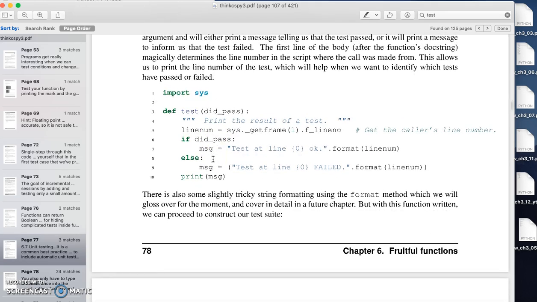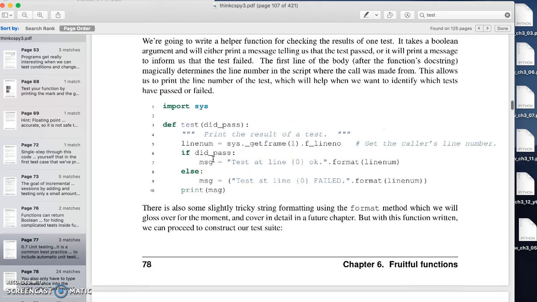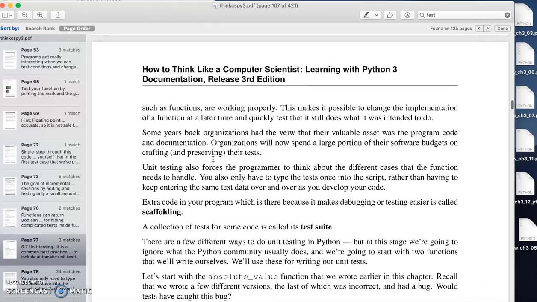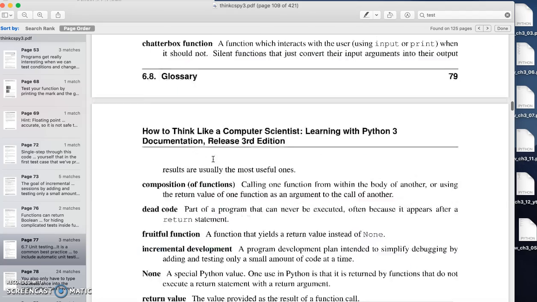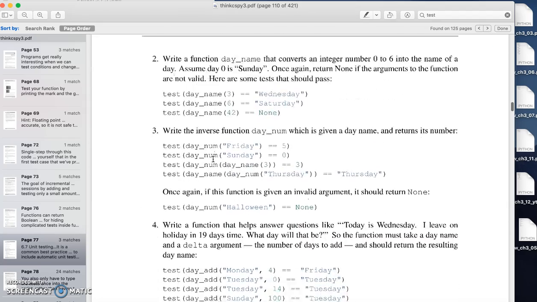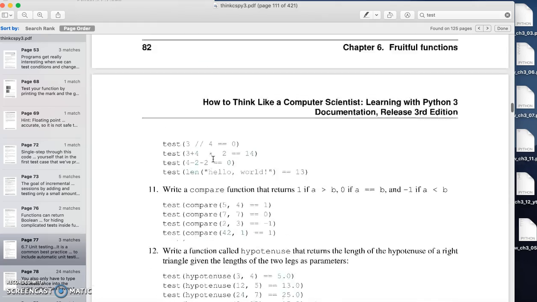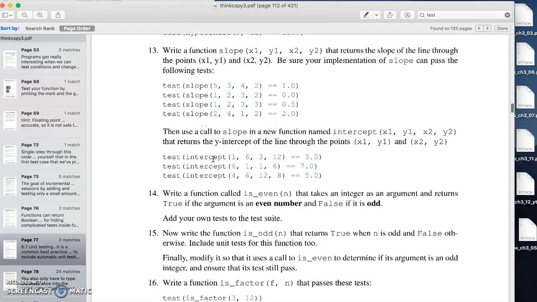This is how they want you to be testing your functions as you go. It's a good practice for software development. All right, so let's get into problem 13. Let's see how we do it.